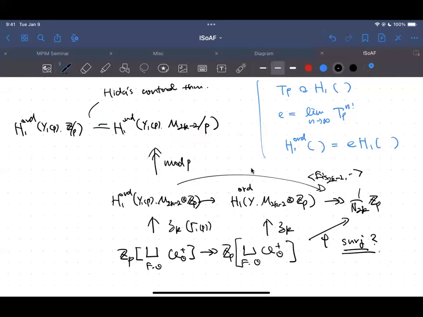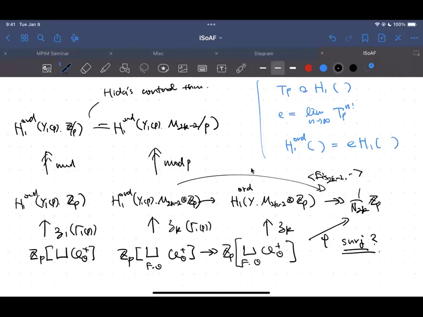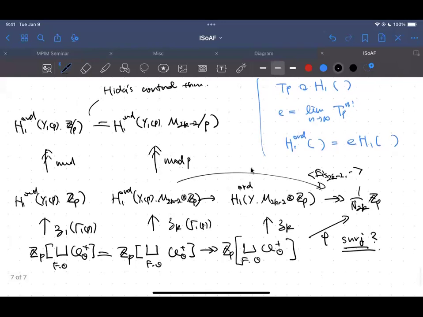Then we have the similar thing again for this homology with Z over p coefficient. So in some sense, we can interpolate this weight after considering mod p.